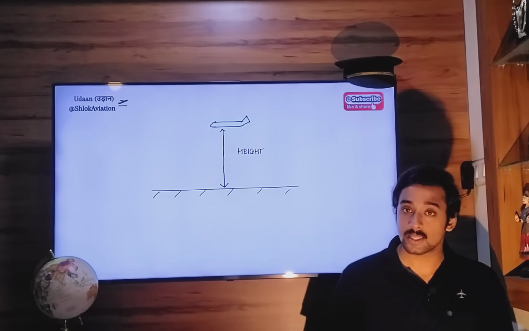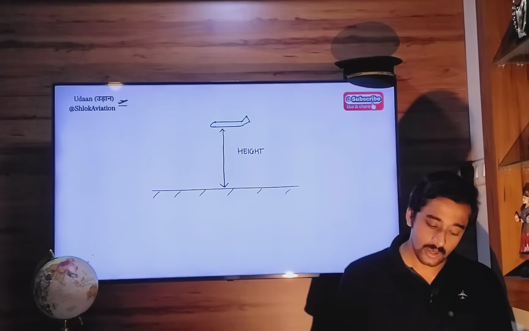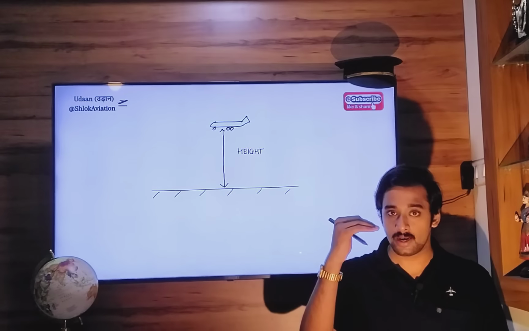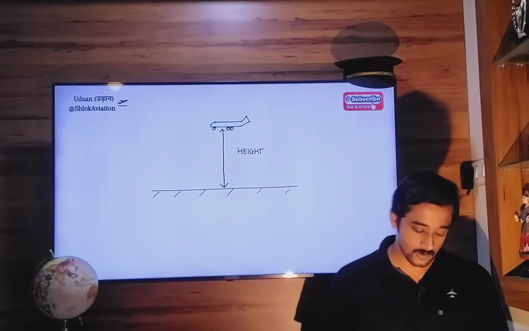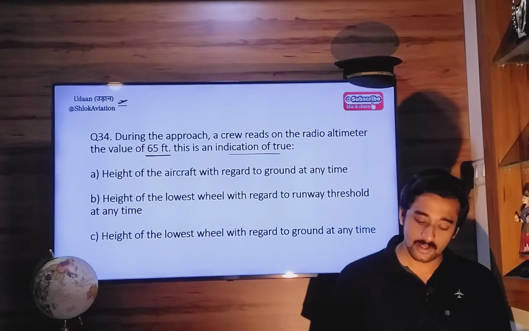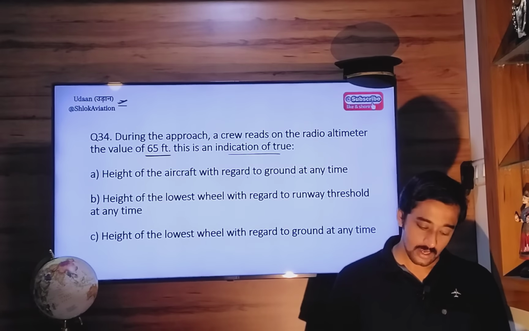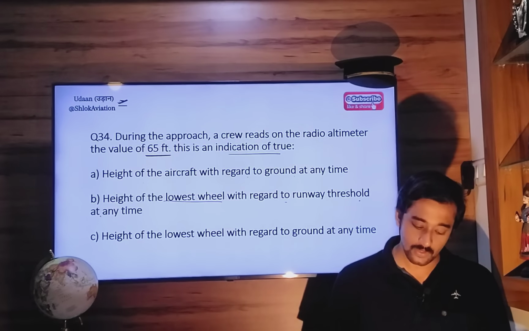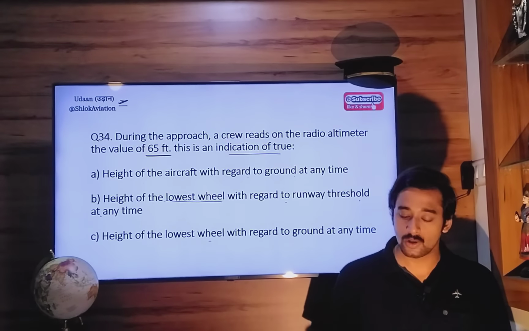Now this height is nothing but with respect to the wheels of your aircraft, from the main landing gear to the ground. So height of the lowest wheel with regard to ground at any time.